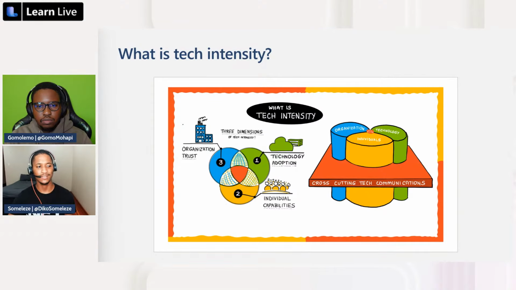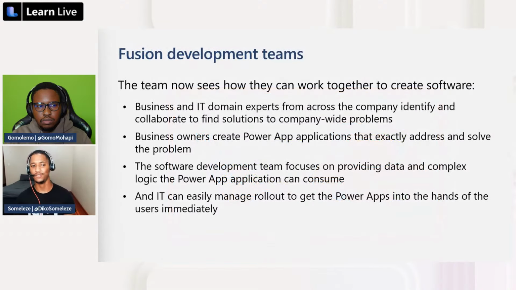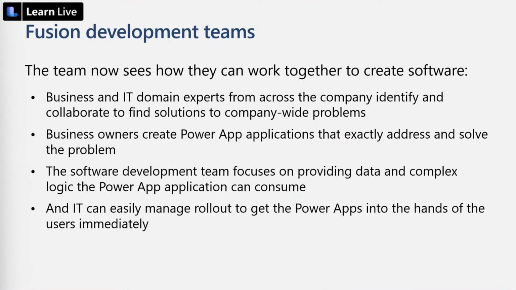But let's look at the fusion development teams. How do they work together to create the software? Business and IT domain experts across the company identify and collaborate to find solutions to company-wide problems. Business owners create Power App applications that exactly address and solve the problem.